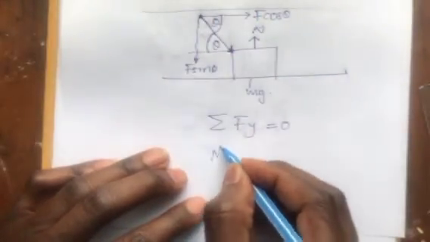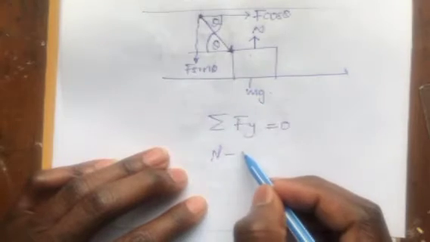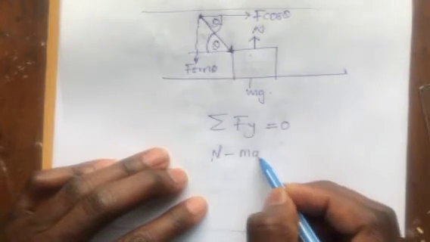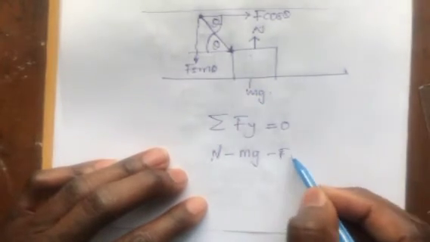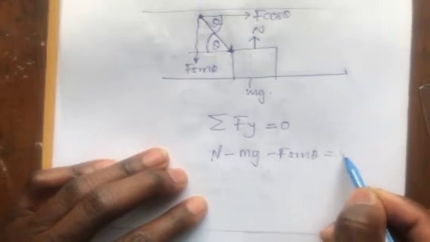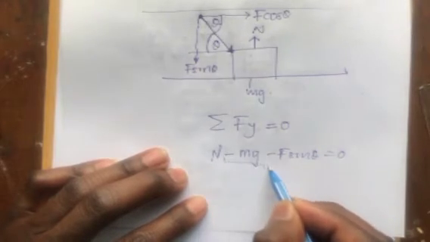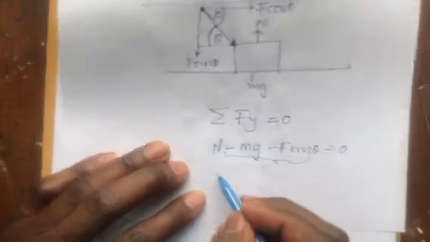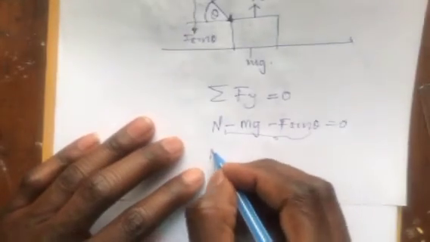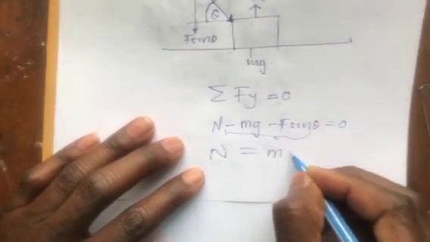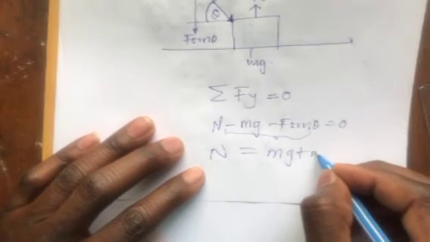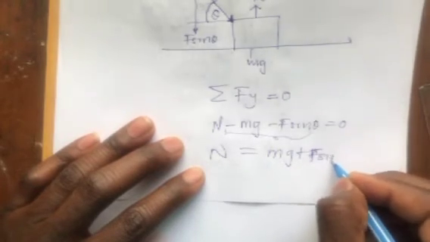So you say normal minus one of the components pointing downwards, mg minus f sin theta, giving us 0. If you take these two to the right hand side, you are going to understand that the normal force in this case, N, is going to be equal to mg plus f sin theta.